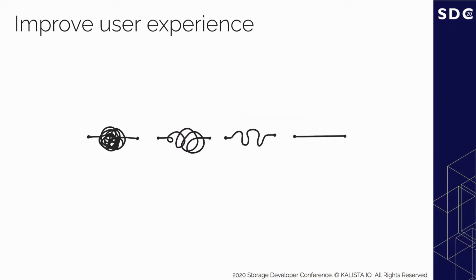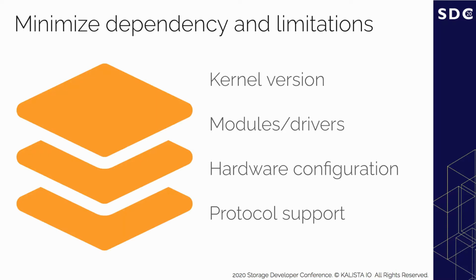Next, let's create a better user experience. Let's reduce the amount of complexity users have to deal with when deploying host-managed SMR. Let me explain this in more detail. As we have seen, current host-managed SMR implementations only work if certain dependencies and limitations are met.